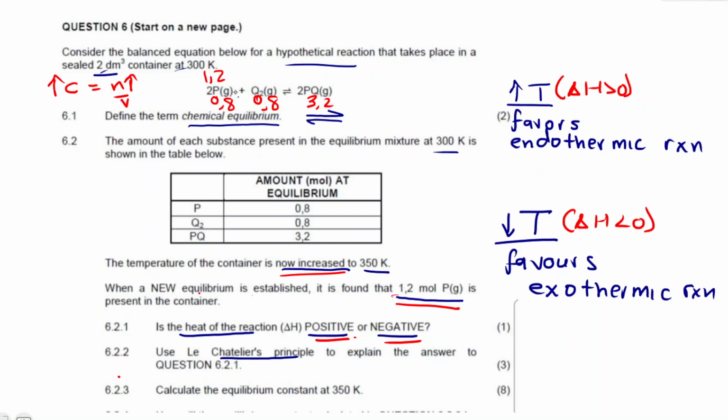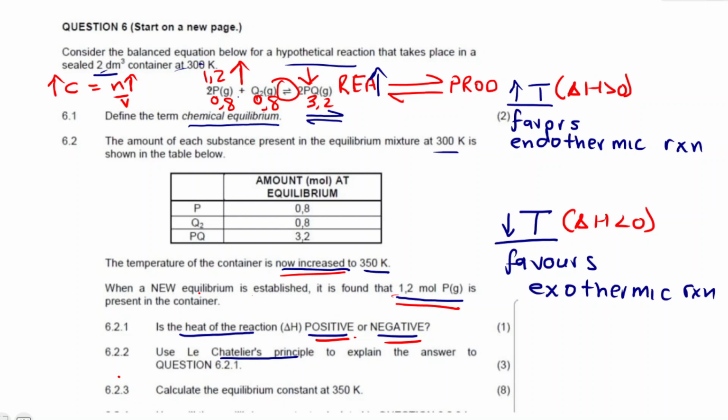It is the reactants that increase. So you can see that the reactants increase from 0.8 to 1.2. That means that now it is the reverse reaction that is being favored. So if the reverse reaction was favored, that means that when you increase this temperature, you favor the endothermic reaction. So our reactants in this case were the endothermic reaction.